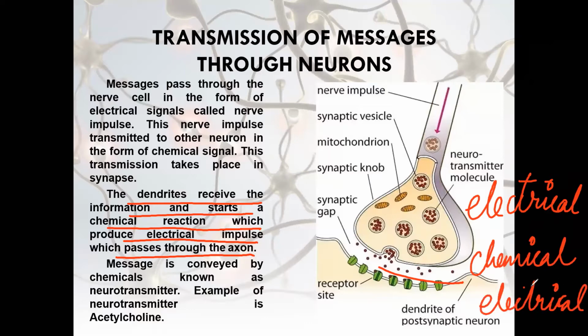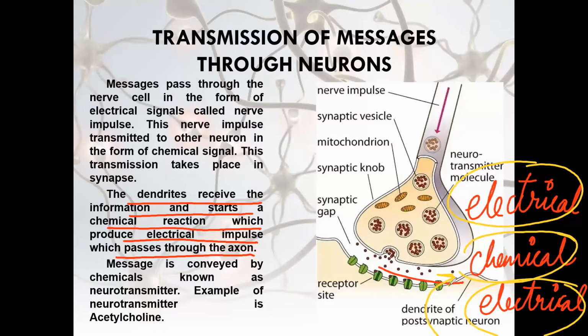So in which form are the impulses transmitting? They are transmitting as electrical, chemical, again electrical, and so on. The message is conveyed by chemicals, and such chemicals are known as neurotransmitters. One example of a neurotransmitter is acetylcholine.